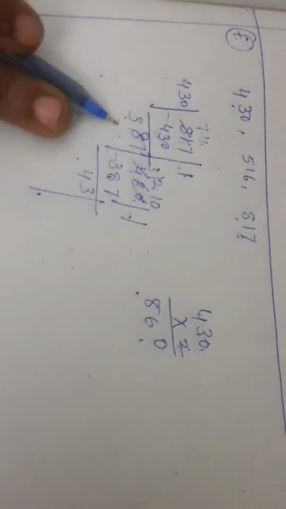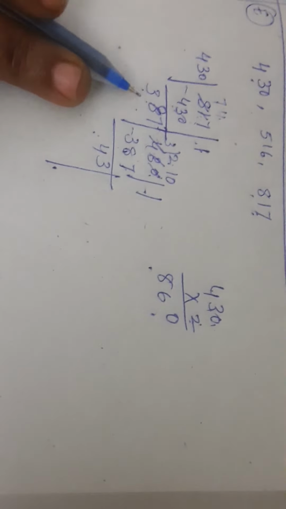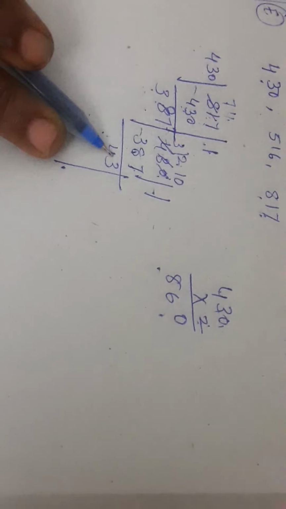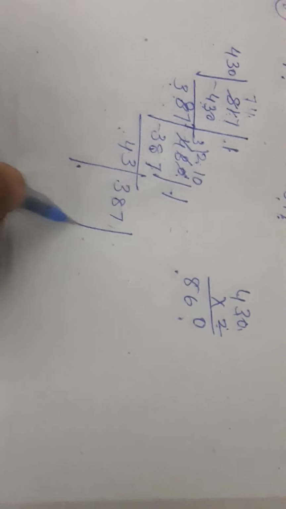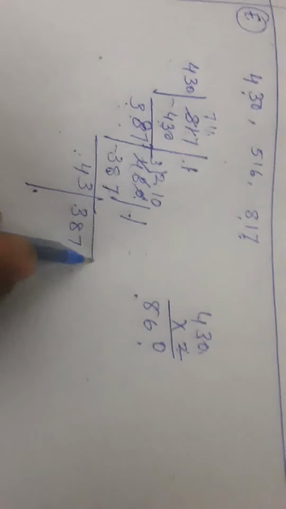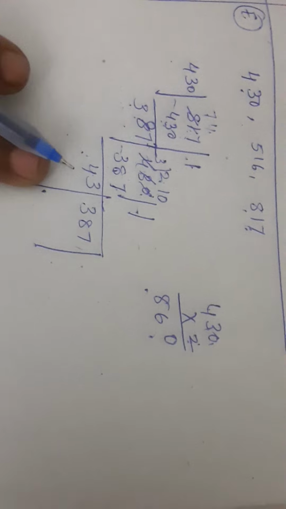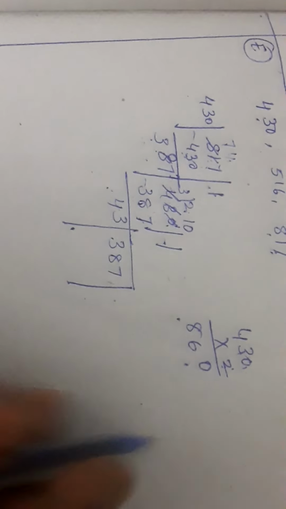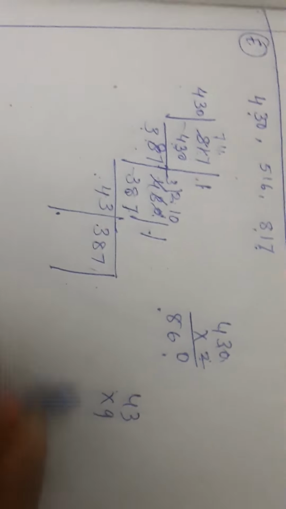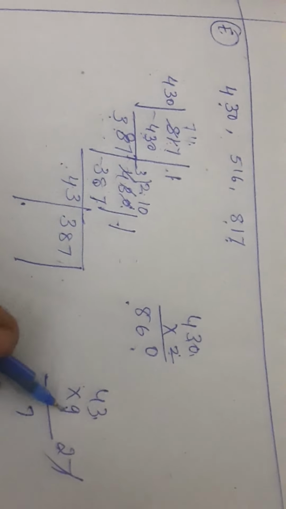The second divisor is 387. So now divide the second divisor 387 by 43. Where we will get 9 times, we will take 43 into 9. 9 3s are 27. 7 write, 2 carry. 9 4s are 36 plus 2, 38.